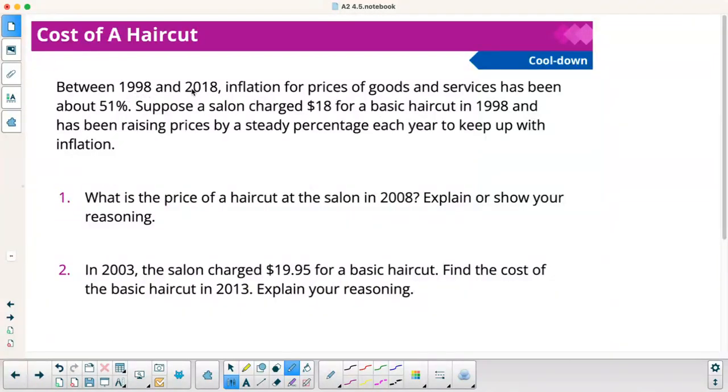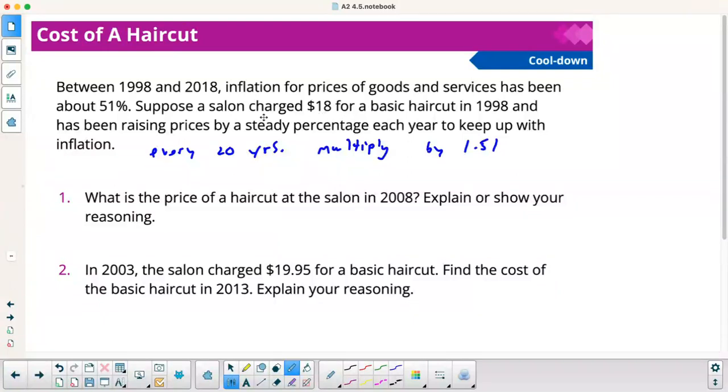Between 1998 and 2008, inflation for prices of goods and services has been about 51%. So every 20 years, you times it by 1.51 because you're increasing by 51%. So I'm going to maybe write that down. Every 20 years, we multiply by 1.51.